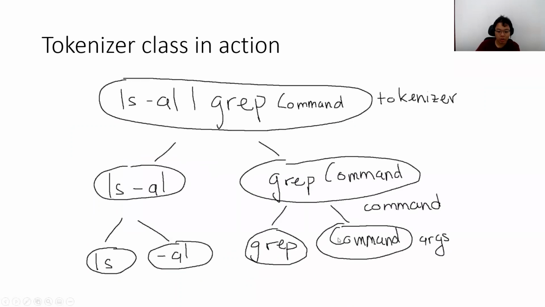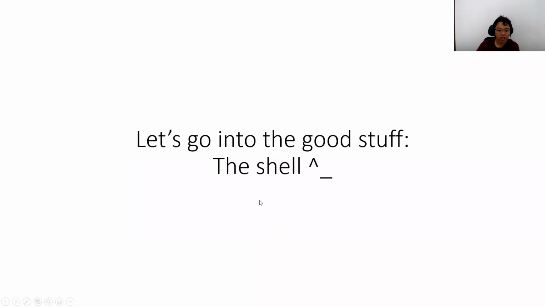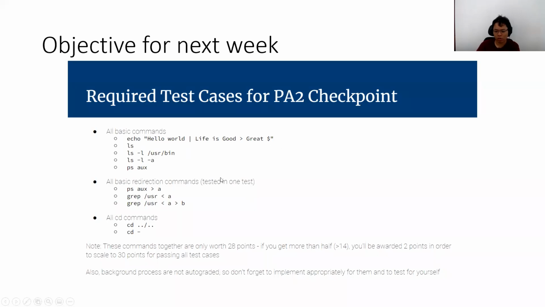Remember I told you, you can pass this into the arguments and do execvp, which Tokenizer already did 80% of the work for you. You got most of this grade, which is like 28 points. Look at these commands, only 28 points. And you can do this really easily. In the past, it took me 9 hours to do the echo command because you have to think about the string, the inner string, and all the spaces. So life is so much easier.